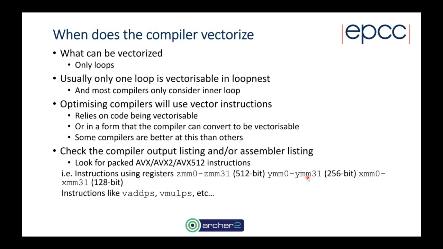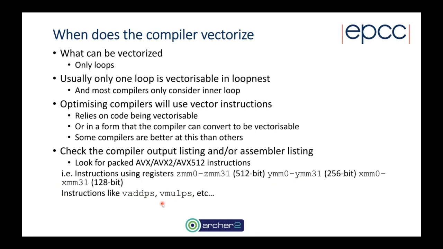You can also look at the assembler code if you want, and if, as you saw yesterday, you start getting register names like ZMM, YMM, or XMM in the assembler, or instructions like VAdd, VMultiply, VSubtract, VLoad, VStore, these are vector instructions that the compiler is putting in there for you. Now, in general, we don't go down to the assembler code very often, but for a little example, you can have a look and see what's going on there.